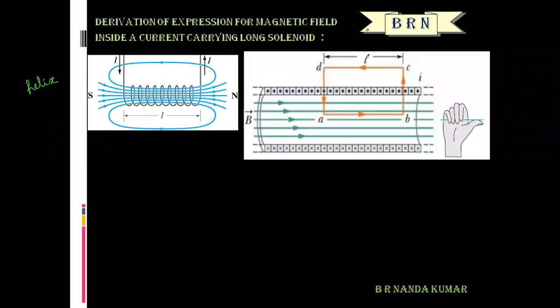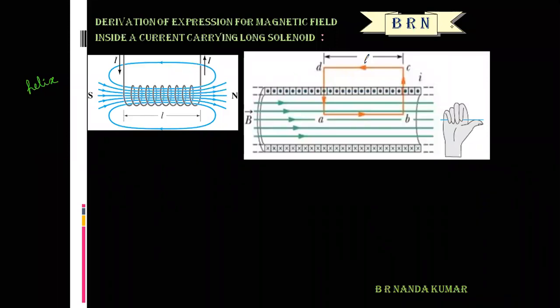This one is the cross-sectional view of the current carrying solenoid.